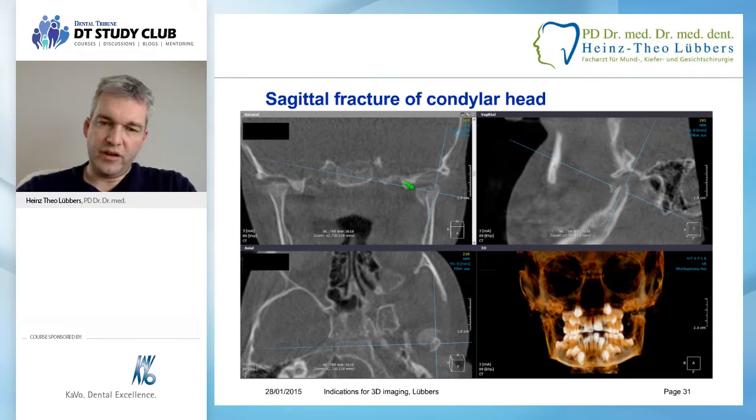Normally, the medial part of the condyle dislocates downwards through the muscle tension, and the lateral part is in position. And the lateral part also keeps the function and the position of the mandible and everything correct. So of course there is an initial disturbance for the patient through the pain and the swelling and everything, but in almost all cases there's no long-term problem.